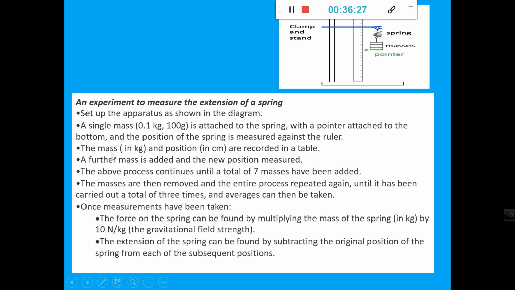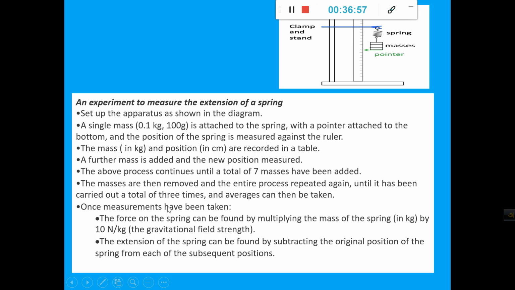The mass in kg and the position in centimeters are recorded in a table. A further mass is added and the new position measured. The process continues until a total of 7 masses have been added. The masses are then removed and the entire process repeated until it has been carried out a total of 3 times. An average can then be taken.